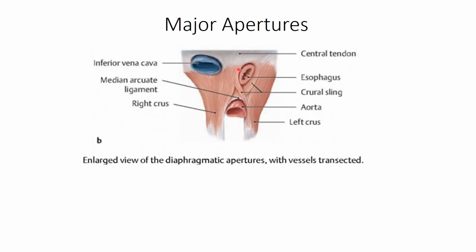Now just superior and anterior and towards the left of this is this oblique aperture, which is the esophageal opening. This esophageal opening has this sling of fleshy fiber originating from the medial part of the right crus of the diaphragm, which embraces this esophageal hiatus.